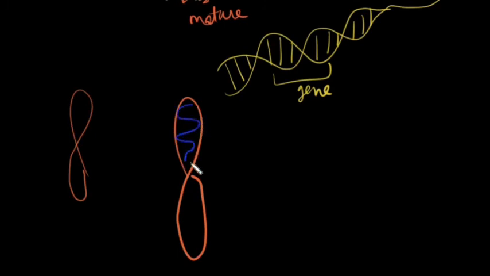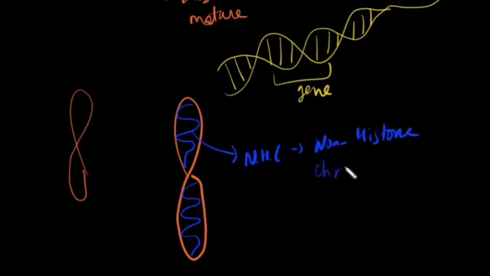So this protein is not made up of histone. Okay, so this is called NHC, non-histone chromosomal protein.